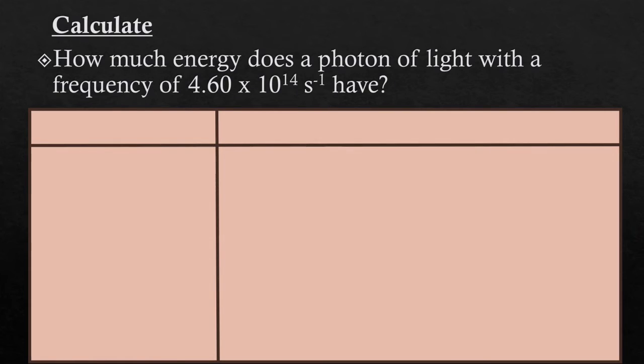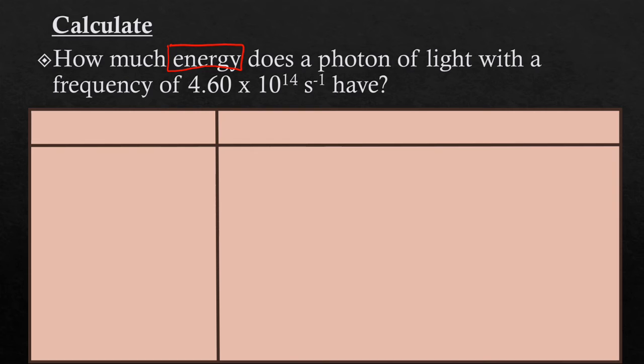Let's calculate another problem. How much energy does a photon of light with a frequency of 4.60 times 10 to the 14th inverse seconds have? In this problem, it looks like we're going to be looking for energy, so I'm boxing that because that's the variable we are looking for. Next up, I'm going to list my variables in the order of the equation.